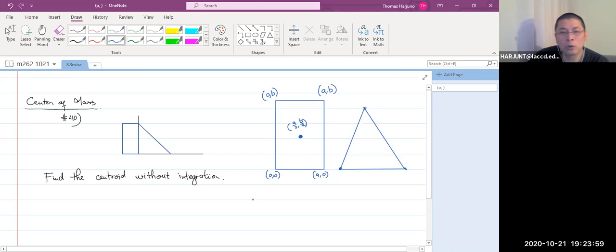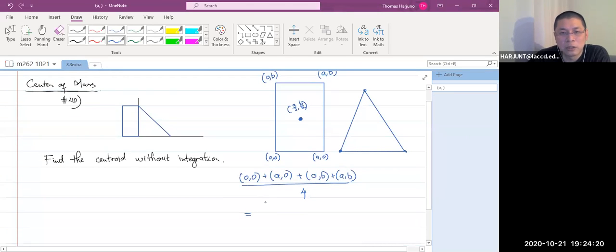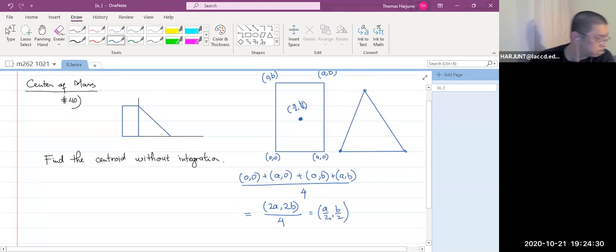If you add all the coordinates, 0, 0 plus A, 0 plus 0, B plus A, B, all of them divided by 4, then you will get 2A, comma 2B divided by 4. That's A over 2, B over 2.